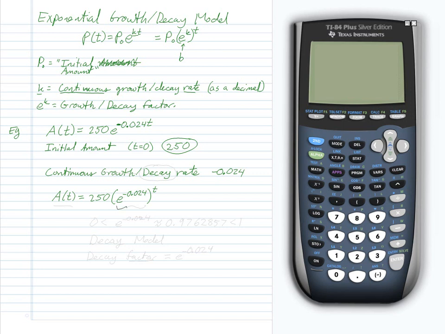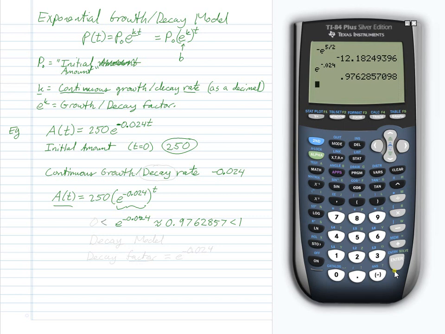We can do this by examining this quantity, e to the negative 0.024, to determine whether it's greater than 1 or between 0 and 1. In my calculator, this number evaluates to approximately 0.9762857.